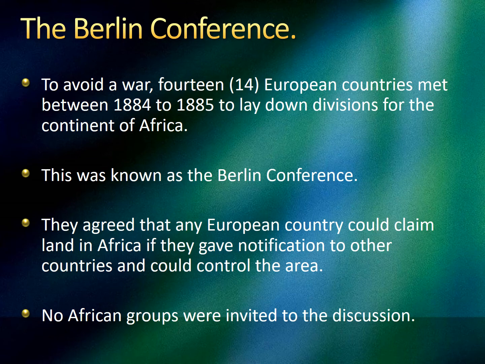Now, they agreed that any European country could claim land in Africa if they gave notification to other countries and could control the area. In other words, keep control of it, keep the native groups down, the African groups in line, and things like that. And of course, just like we talked about with the Congress of Vienna, they tended to leave out the important players, so no African groups were even invited to this discussion.